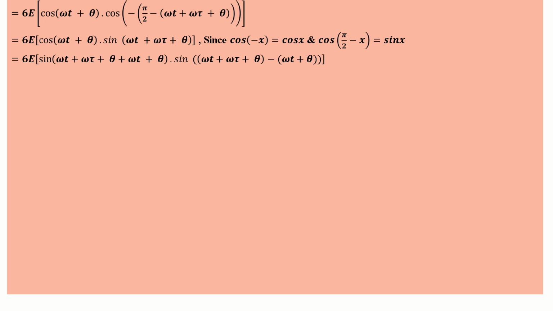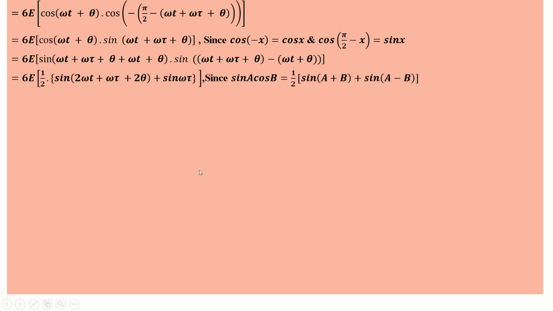So we are using the cos A sin B formula, that is sin A cos B, which is equal to 1 by 2 [sin(A + B) + sin(A − B)]. So A is nothing but ωt + ωτ + θ, and B is nothing but ωt + θ.